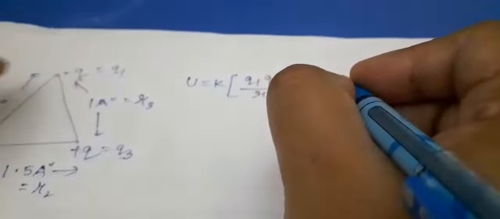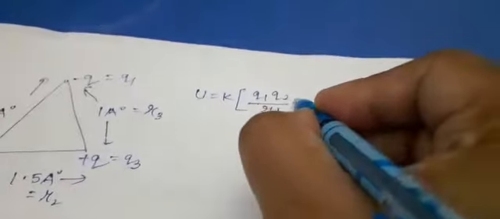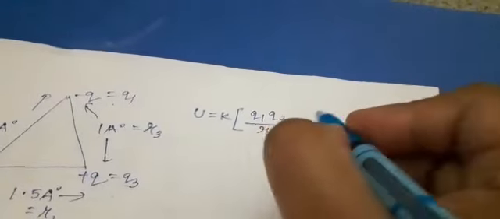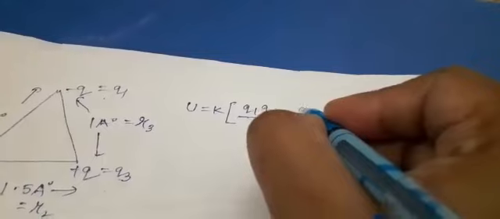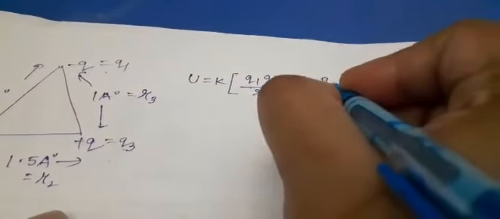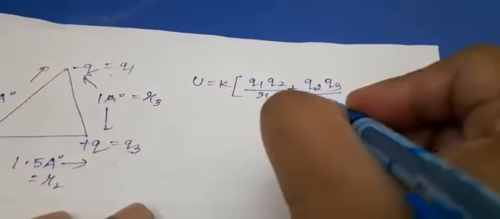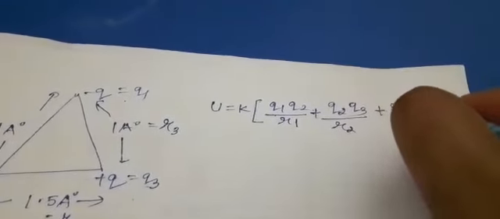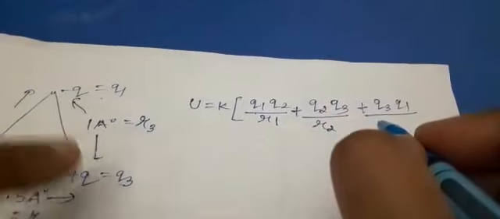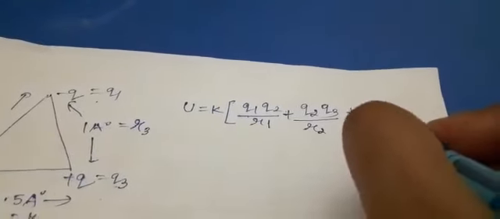Similarly, for the second and third pairs of charges, plus K Q2 Q3 upon R2, where R2 is the distance between Q2 and Q3. Similarly, for Q3 and Q1, the separation distance is R3.